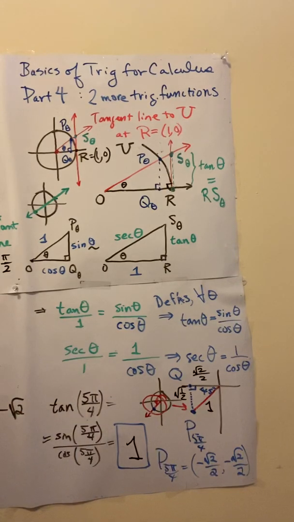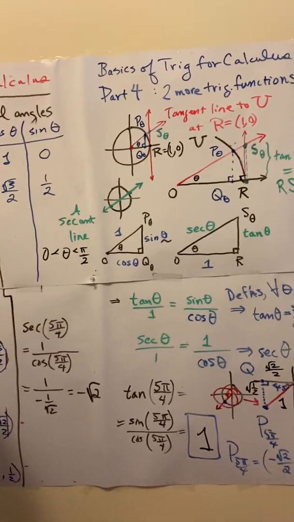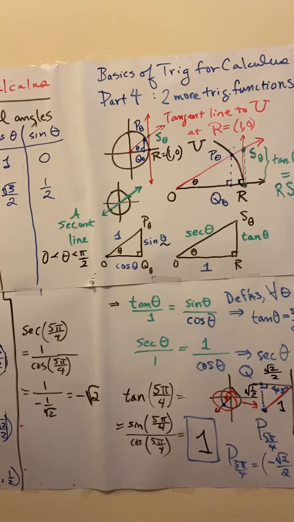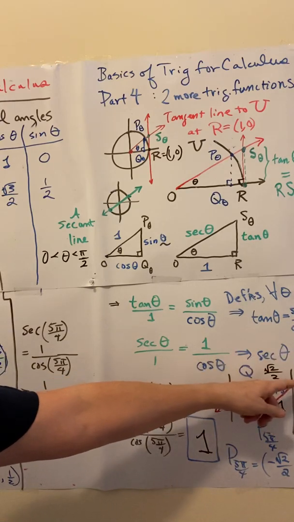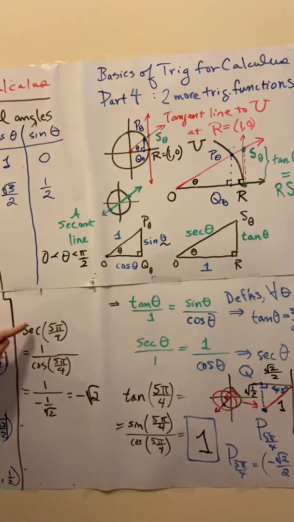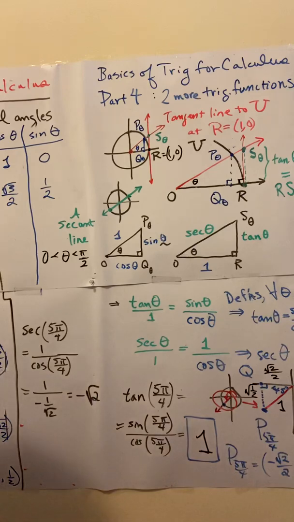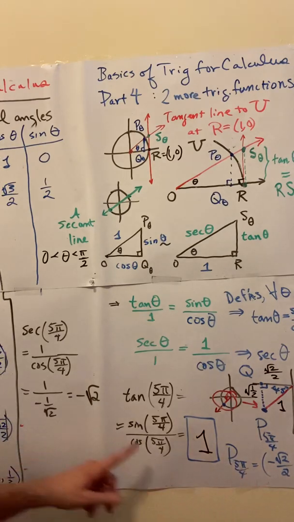What about the secant of 5 pi over 4? While we're here, why not pick that off? Going by this definition, the secant of an angle is always 1 over the cosine. So the secant of 5 pi over 4 is 1 over the cosine of 5 pi over 4. Draw the picture, and get that the cosine of 5 pi over 4, the x-coordinate, is a negative square root of 2 over 2.